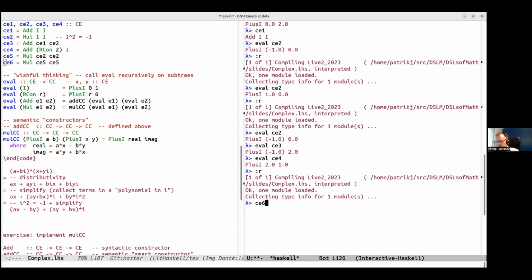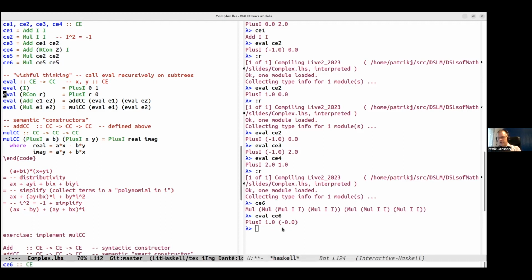So CE6 here is the multiplication of multiplication, and so on. Yeah, it's a big multiplication. It's actually i to the power of 8. But evaluating it is no problem, and it becomes +1. Actually, an interesting detail of floating point numbers: it has the imaginary part -0, which is equal to 0, but it looks a bit fishy.